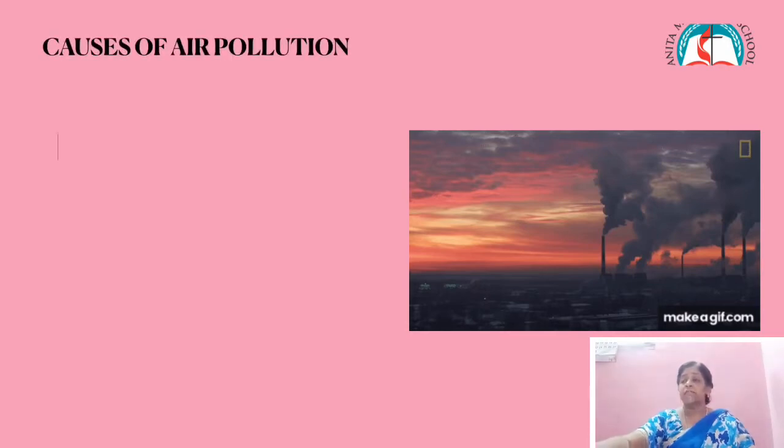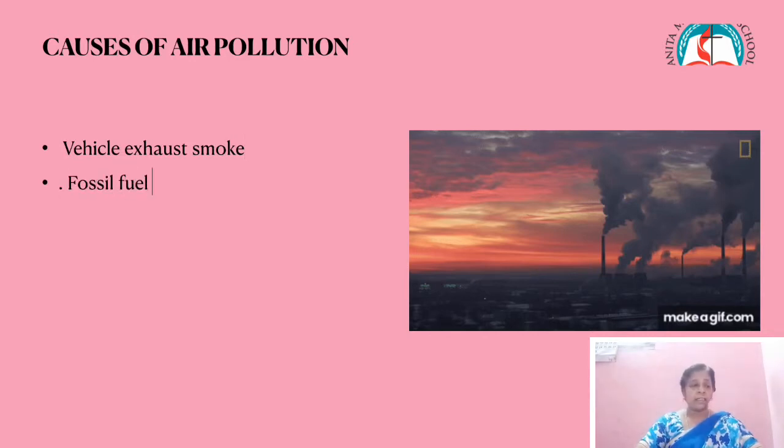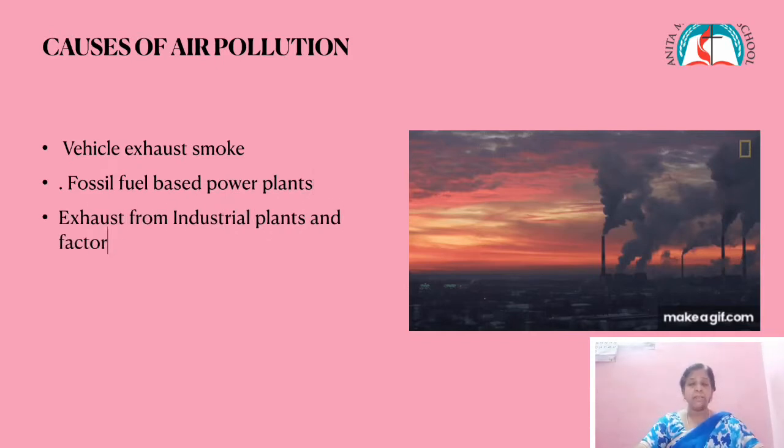Children, let us learn the causes of air pollution. The first cause will be vehicle exhaust smoke. That is, vehicle smoke releases a high amount of carbon monoxide, and millions of vehicles operate every day in cities, and it leaves a high amount of carbon footprint on the environment.